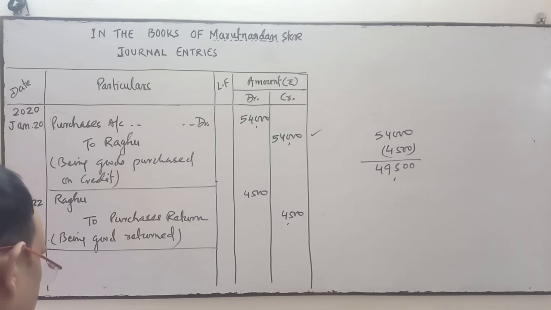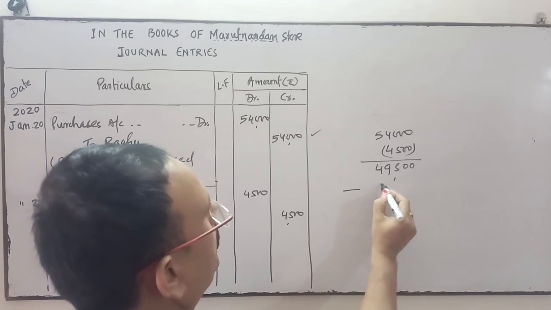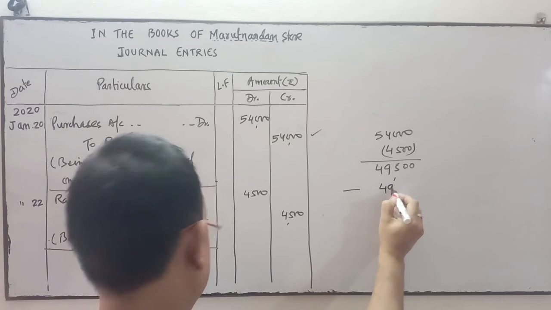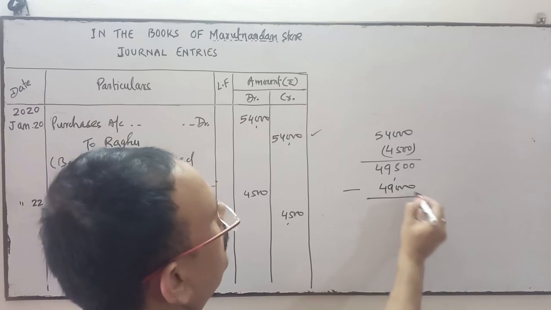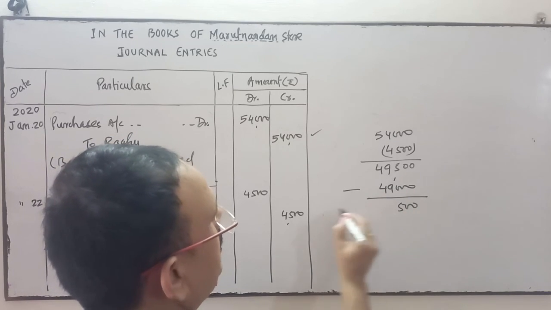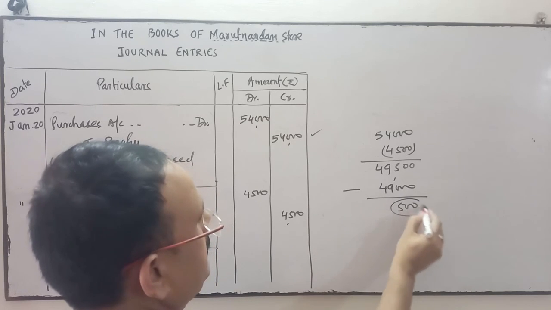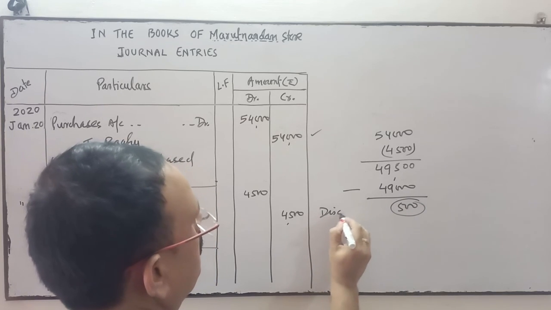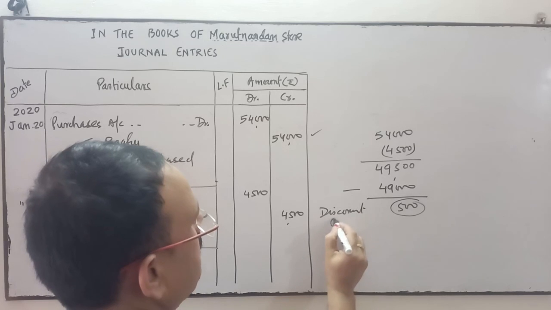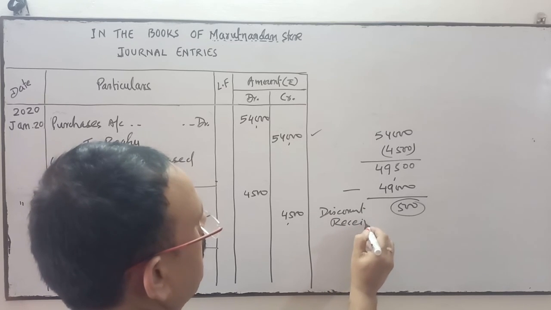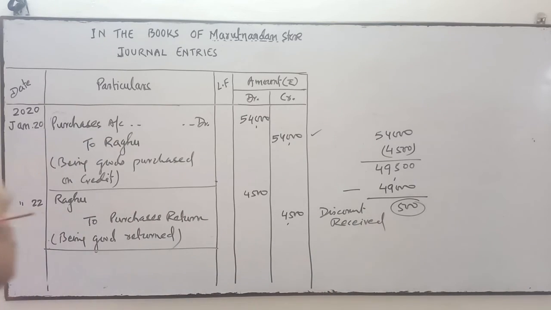But actually we have paid 49,000 only in full settlement. It means this 500 difference indicates the discount received. Okay, discount received.